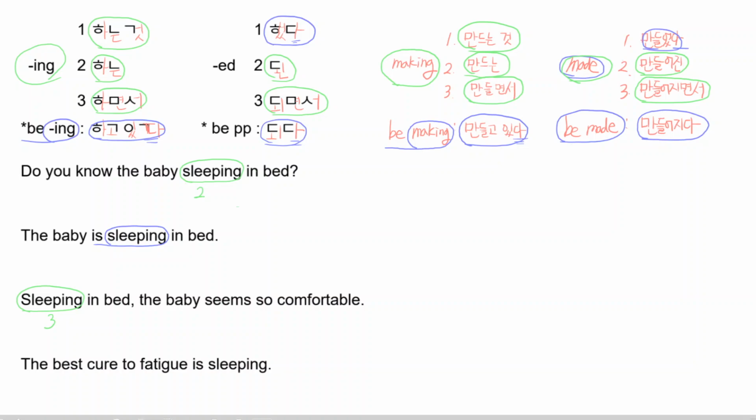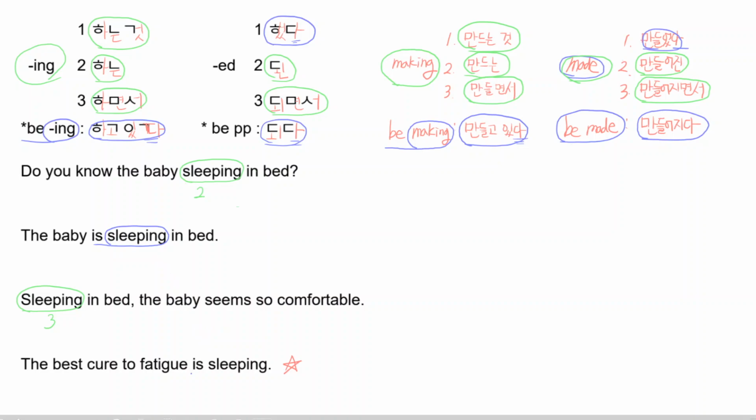Okay. Next one, the best cure to fatigue is sleeping. Fatigue is 피로. 피로에 가장 좋은 치료는 is sleeping. So here is the trick one. We have the same is sleeping here, but actually they are a little bit different.